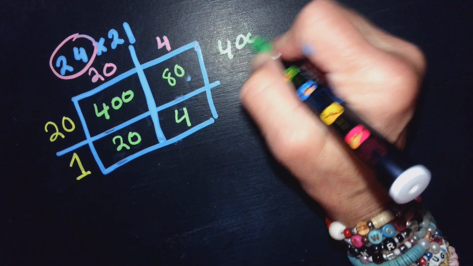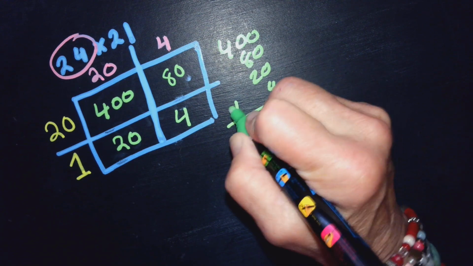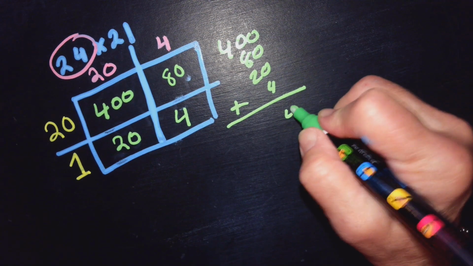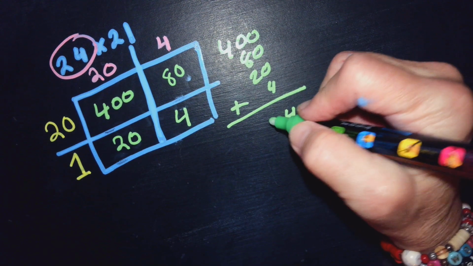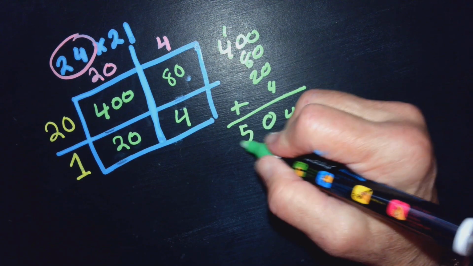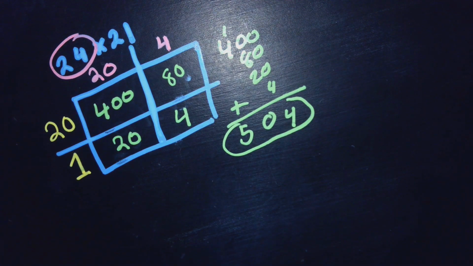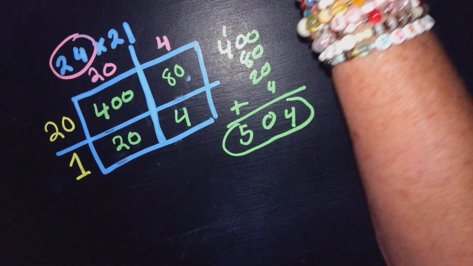Then you take the numbers that are in the boxes and you add them up. You're going to get 4. 8 plus 2 is 10. 4 plus 1 is 5. So your answer would be 504. That is using the area model, which I think a lot of you should use because it's a great way to multiply.